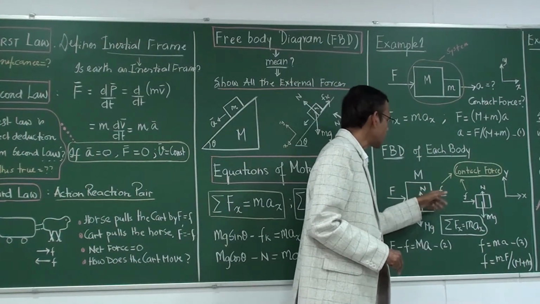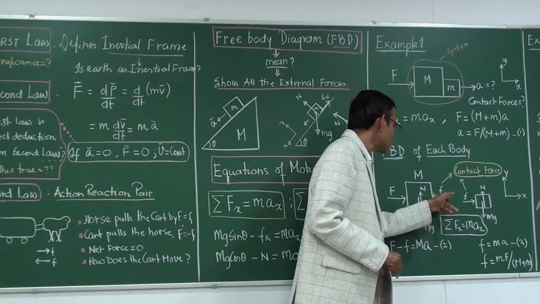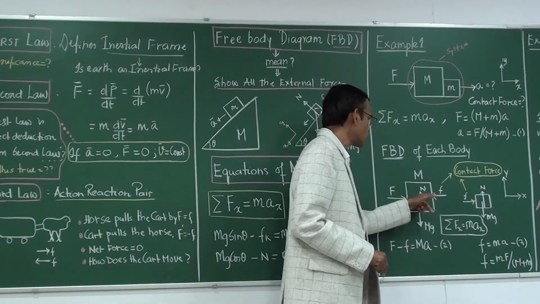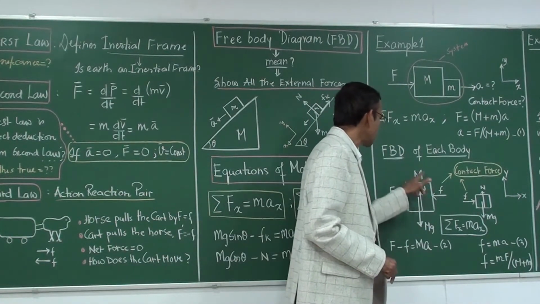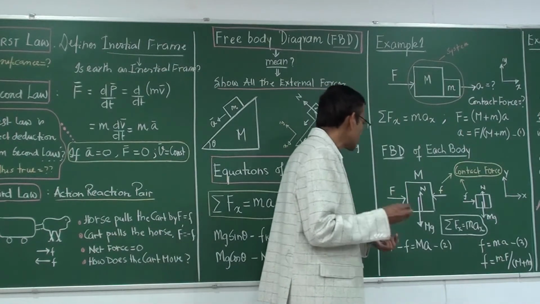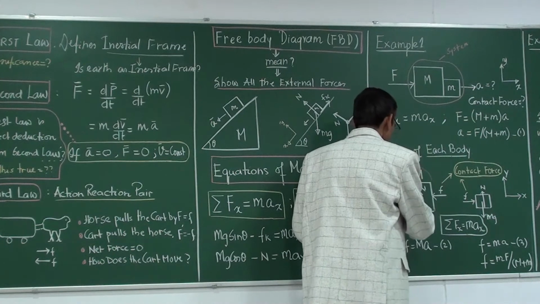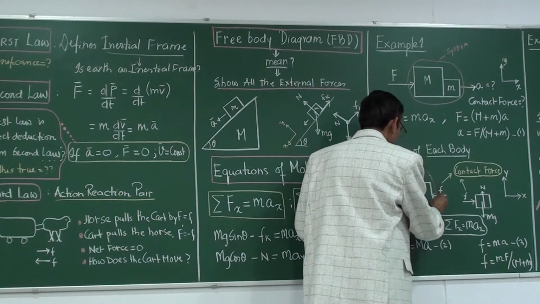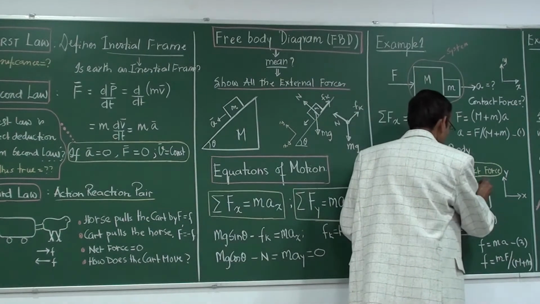Obviously, this body is giving a force onto the smaller one, and the smaller one is also giving a reaction force onto the larger block. Now I write all the forces acting on this body. So this is one system, and this is another system.